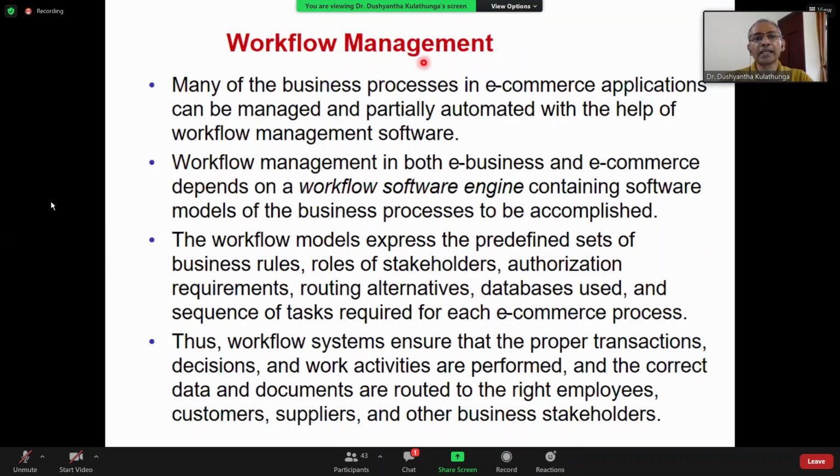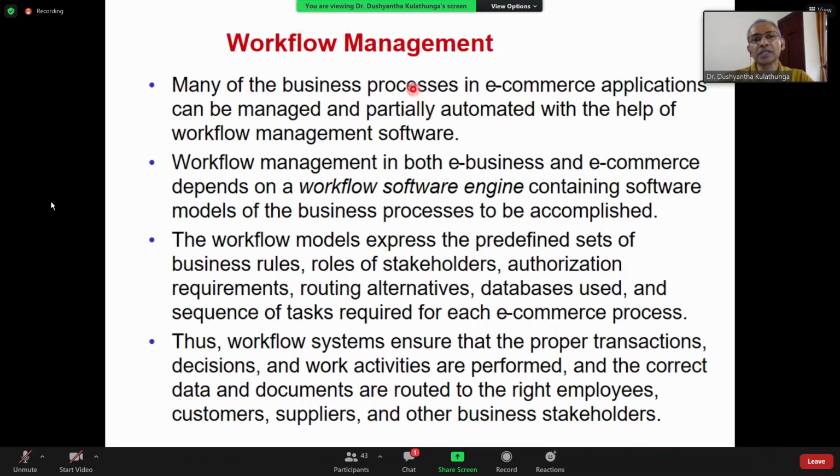We'll move to workflow management. And again, the term workflow, I think we have come across several times. The workflow basically refers to a series of repeatable tasks that we use in accomplishing a particular objective, in accomplishing a particular goal.